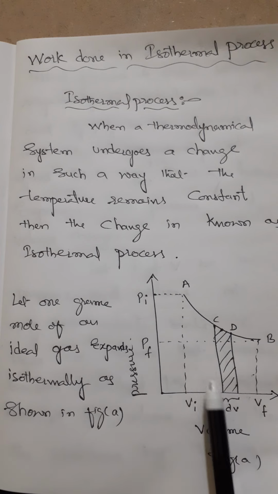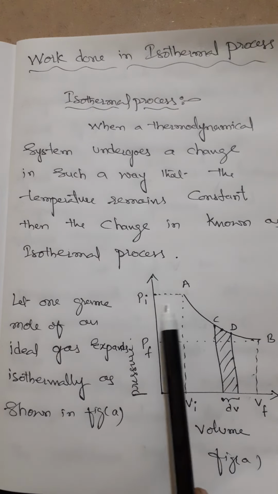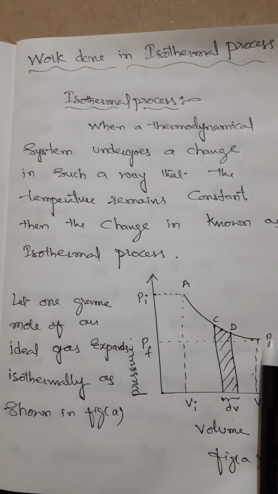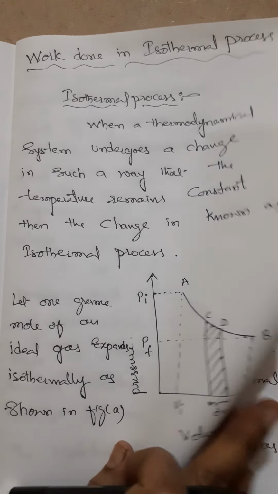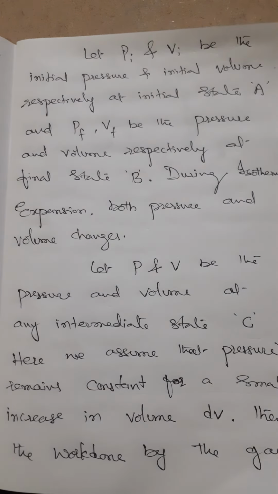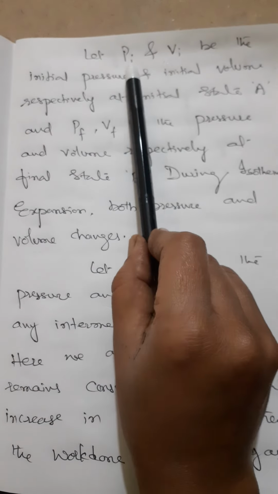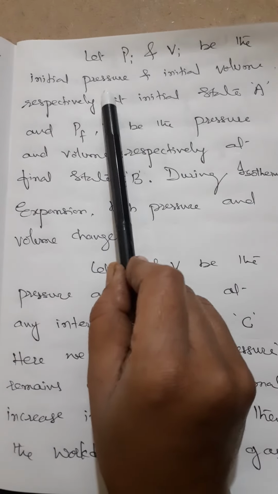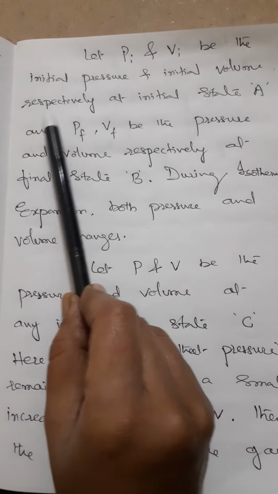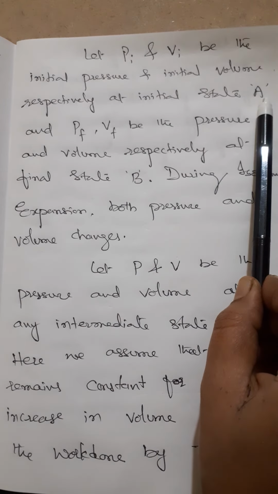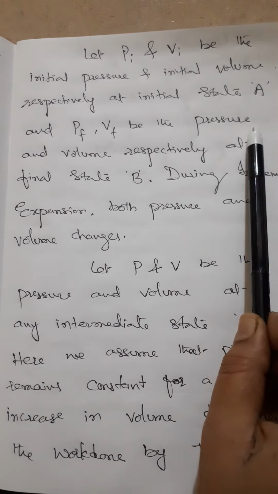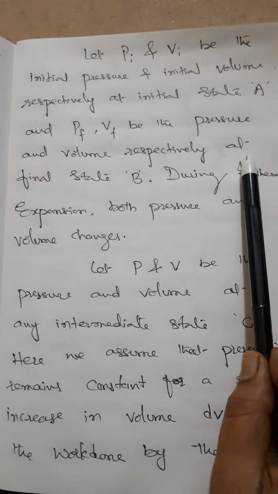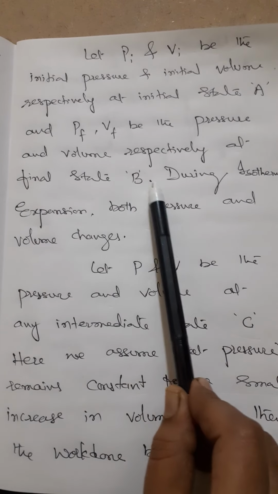After that we integrate to get the work done from A to B. Let Pi and Vi be the initial pressure and initial volume respectively at initial state A, and Pf and Vf be the pressure and volume respectively at final state B.